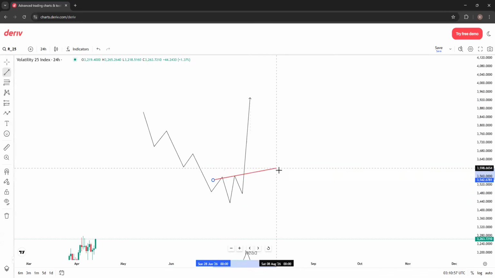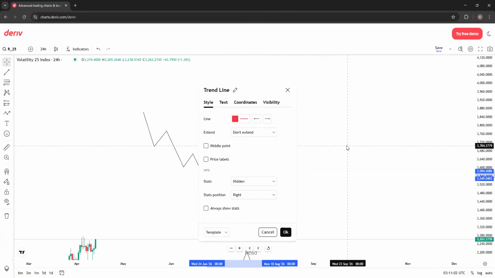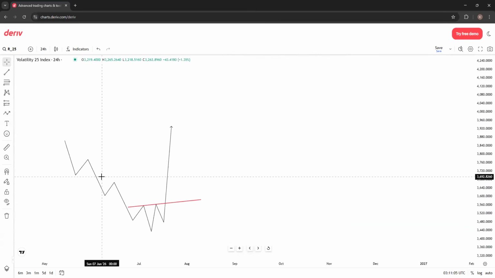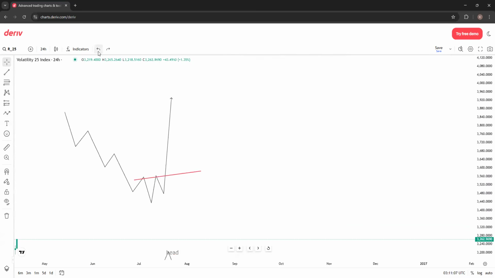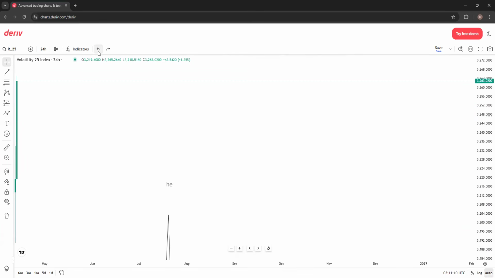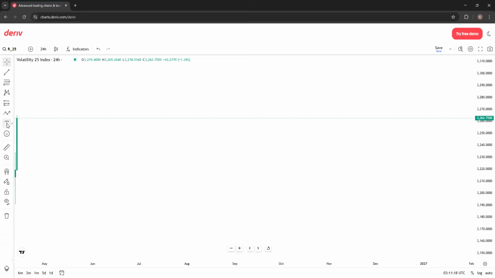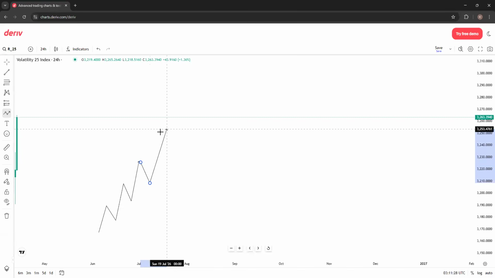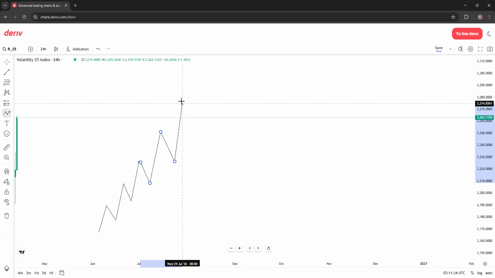Now, what's the whole reason, or what's the whole concept behind this? If we link this to the market structure that we were doing, what we are actually saying is, okay, let me remove all this. We will be in an uptrend, right? But then we are going to have one high, and that one high is going to get broken by price.